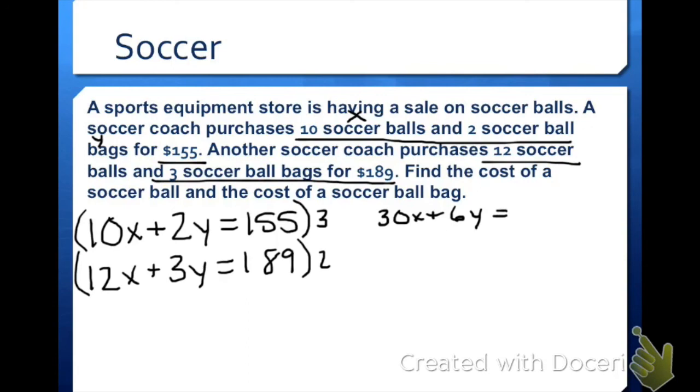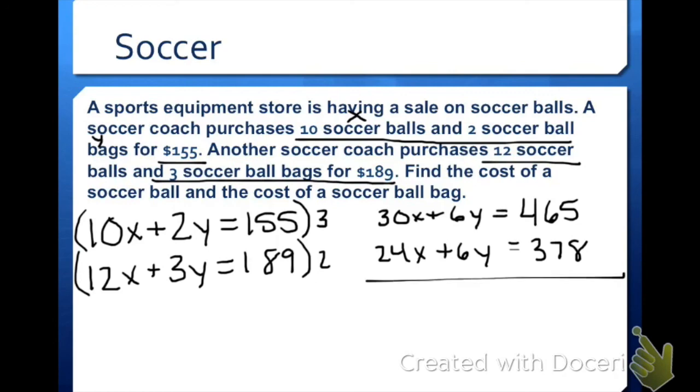I apologize for this. 155 times 3, 465. And 24x plus 6y equals $378. So now to eliminate my y's, I'm going to subtract.